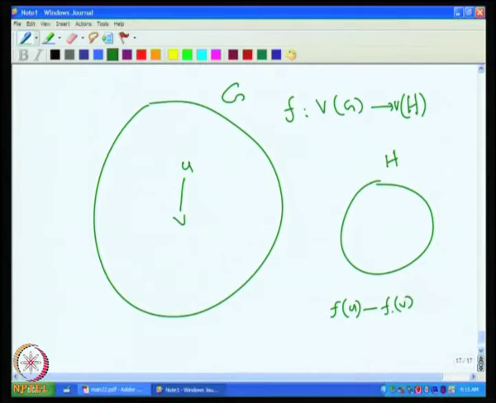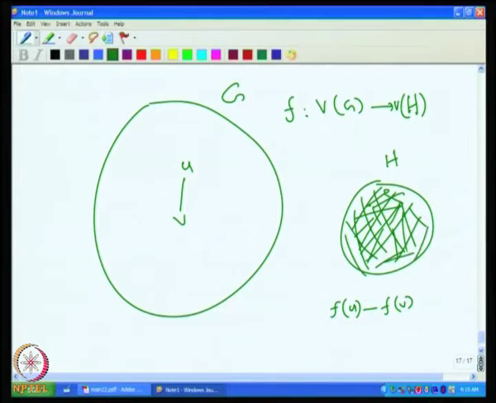So, this is a homomorphism. For instance, suppose H is a complete graph, then the pre-images of each vertex will form a color class.